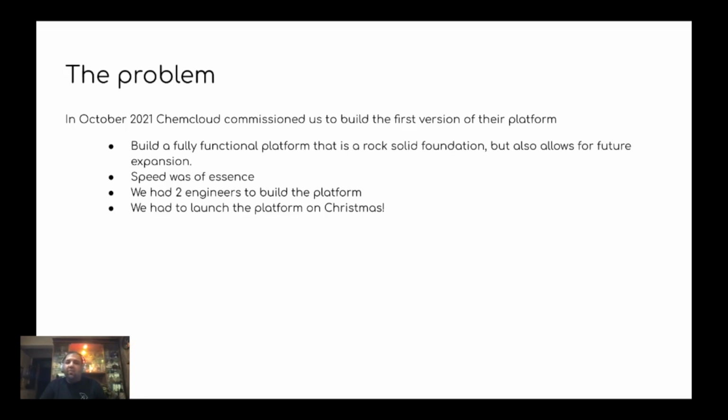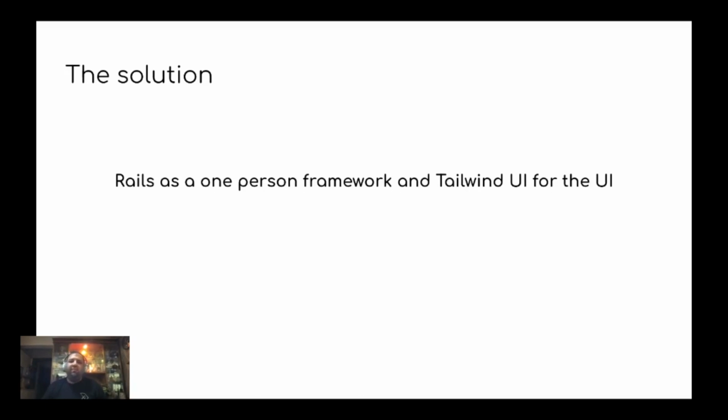So we thought, why not start with Rails 7 now and adopt the final version when it comes along? There was also the promise of Rails as a one-person framework after Rails 7, which was very enticing because we were short on people for the build.